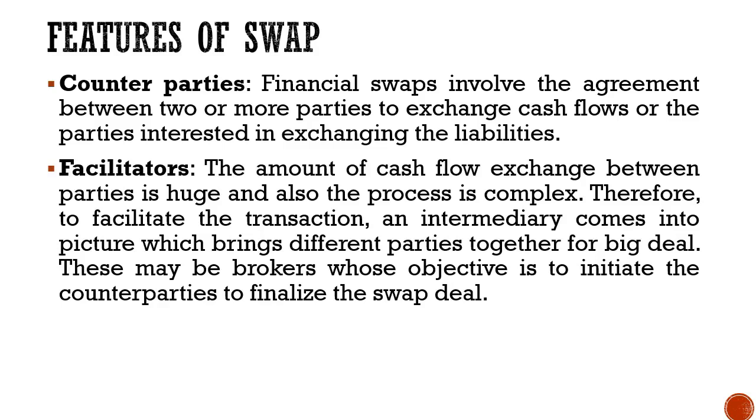Therefore, to facilitate the transaction, an intermediary comes into the picture which brings different parties together for big deals. These may be the brokers whose objective is to initiate the counterparties to finalize the swap deal. So under swap, there will always be a broker who will be involved and who will try to bring the parties into the swapping contract.